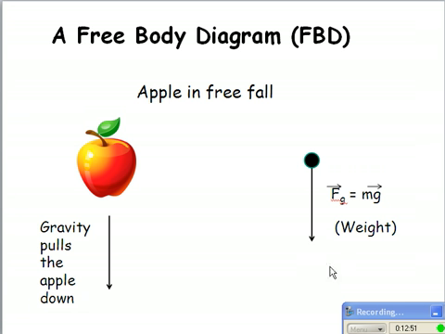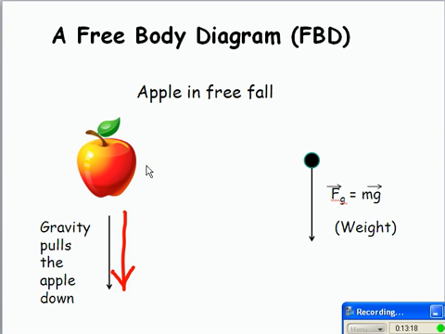So here's an apple falling through the air. Gravity is pulling it down. So if gravity is pulling it down, we would show the vector for the force of gravity making this apple go down, and nothing is holding the apple up. There's no string on the top, nobody's holding it underneath, and it falls down.